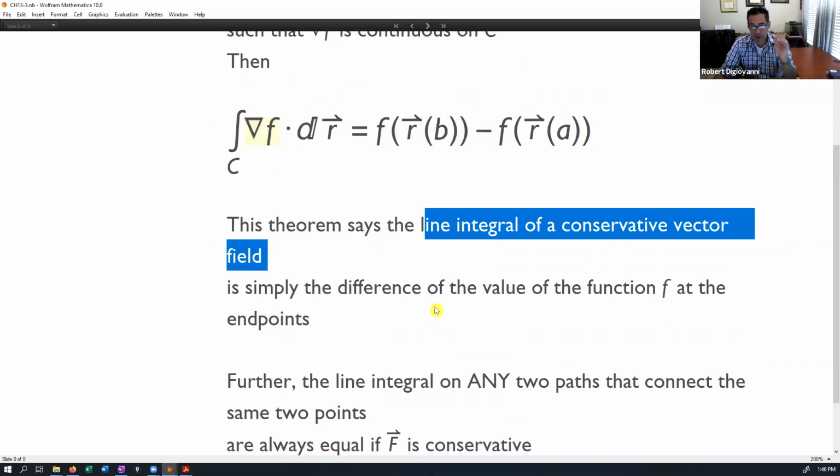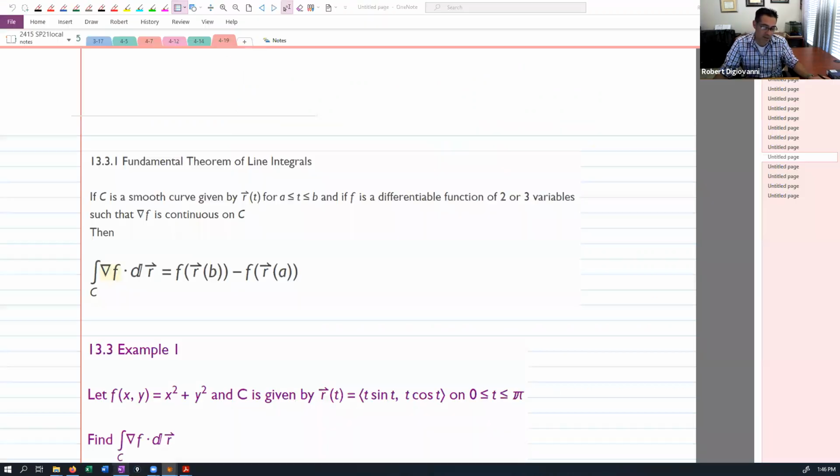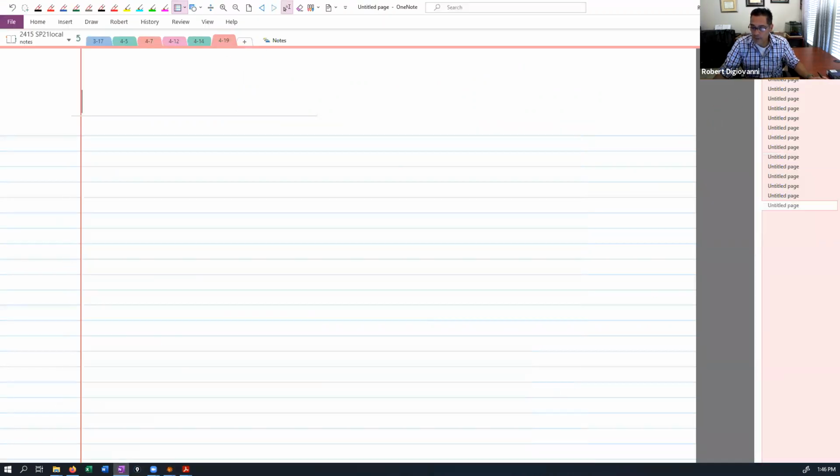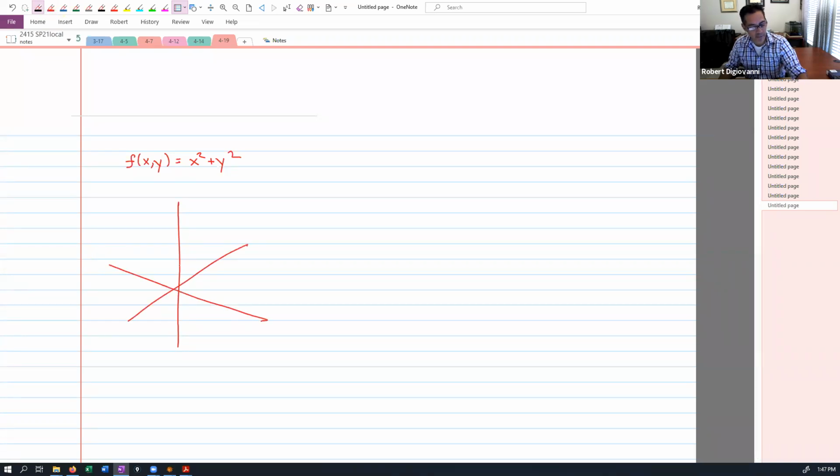Okay, there's a lot to wrap our heads around with this, all right? It's a really nice theorem, but you have to understand what's going on. So remember this. Let's do a 2-dimensional idea first. If I give you a scalar function f of x, y equals, let's just say x squared plus y. In 3-dimensional space, this would graph like this paraboloid looking thing, right?